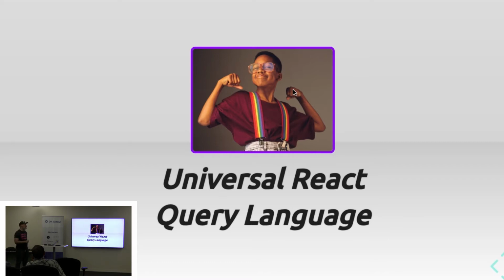That's why it's universal. From this name, you can also see that it's only targeting React. So they are not targeting Angular or Vue or other frameworks. And it's on top of GraphQL.